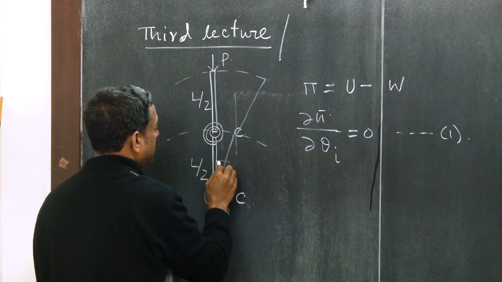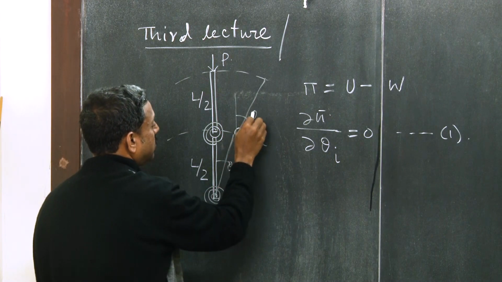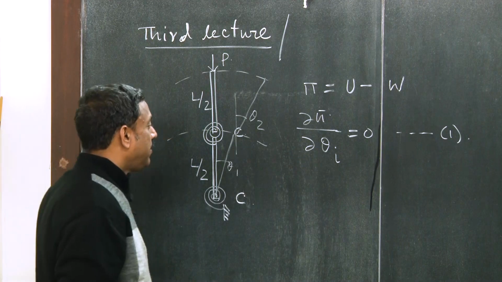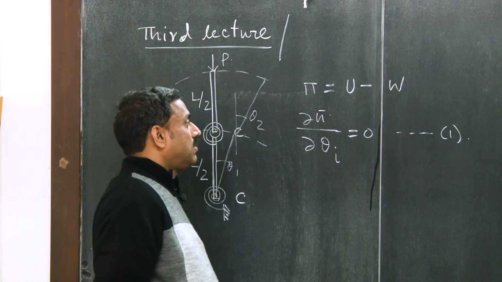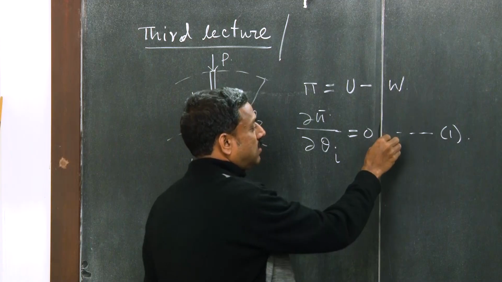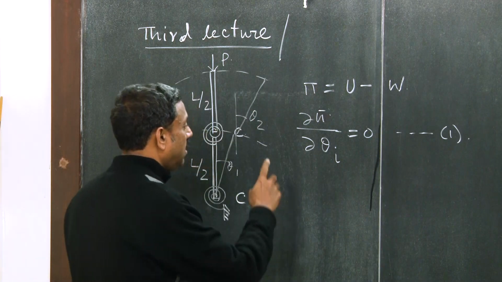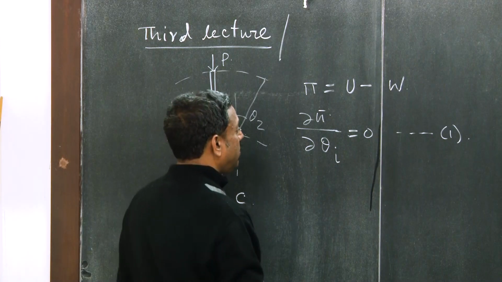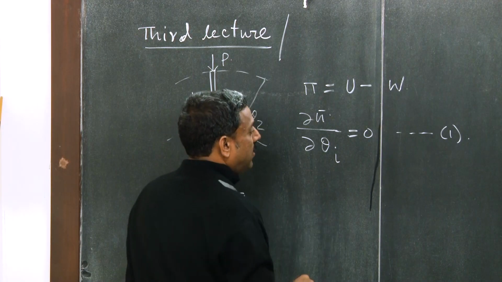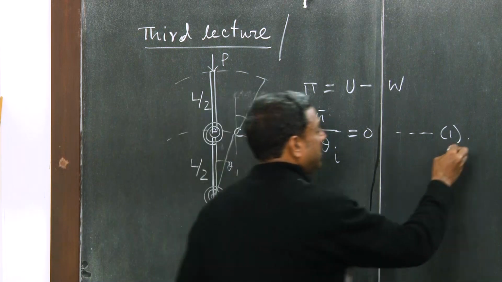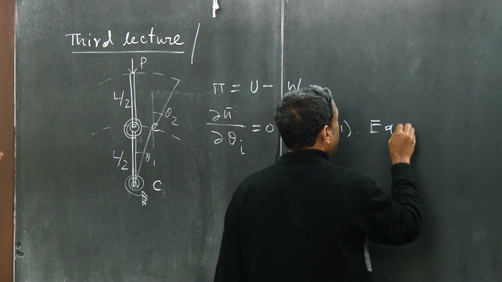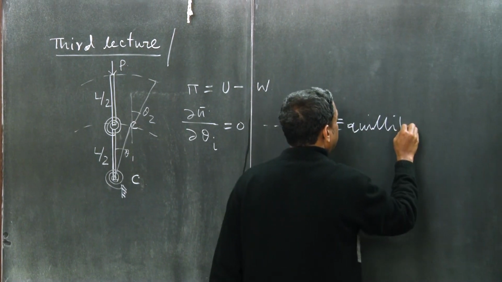This is theta 1, this was theta 2, right. So, in the perturbed configuration we have written down the potential energy functional, and in order to find out the equilibrium path we obtain the gradient of the potential energy functional, and then for the stability. So, this was giving us the equilibrium path.